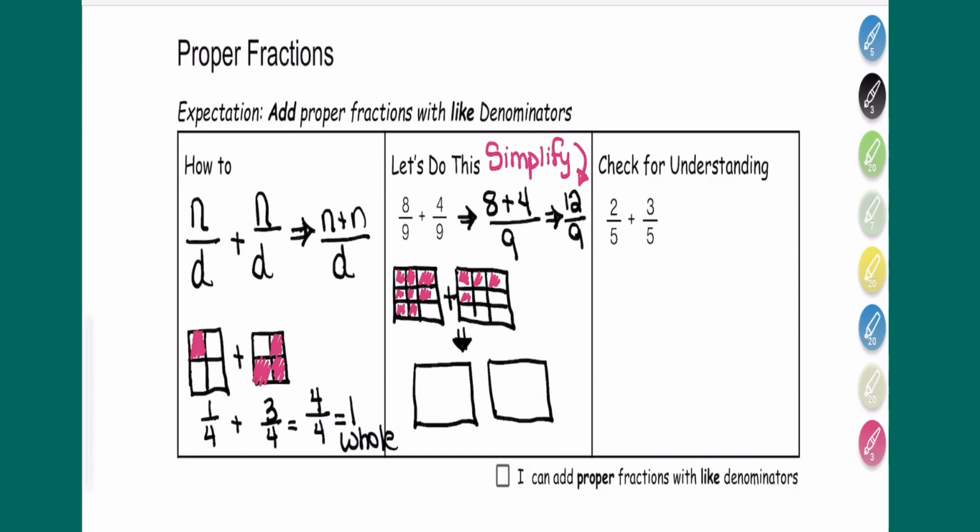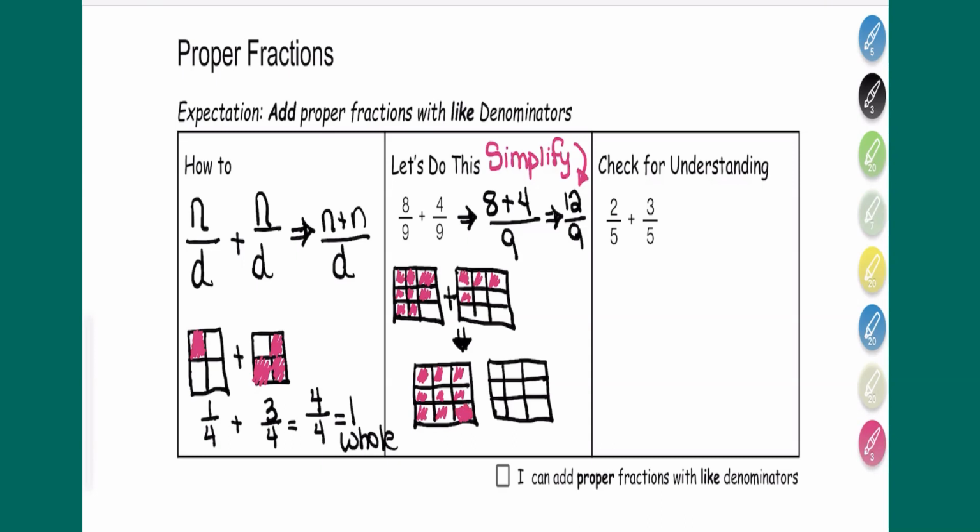So let's go back and add this again. You guys should easily be able to draw this model. I'm going to take the 8 from this first fraction, 1, 2, 3, 4, 5, 6, 7, 8. And then I'm going to take the 4 from this second fraction.